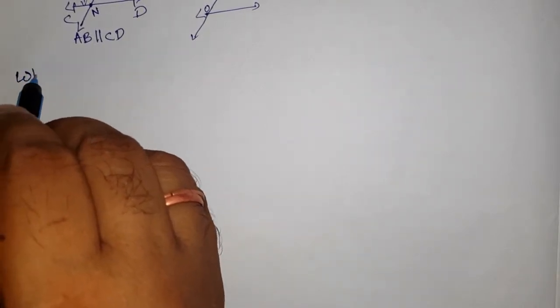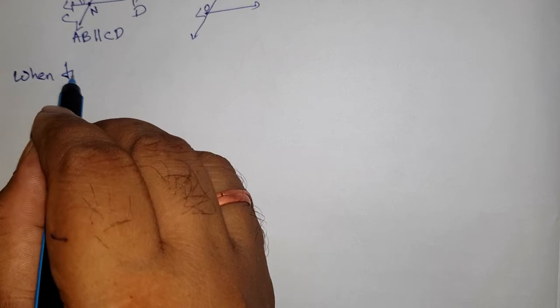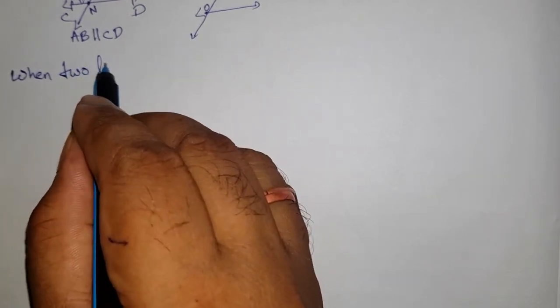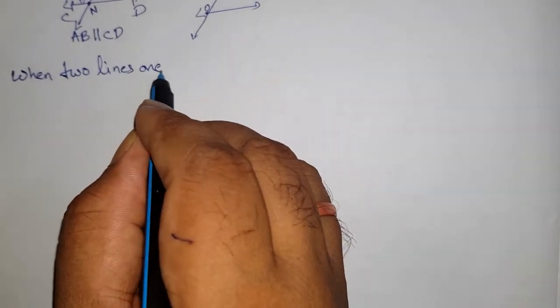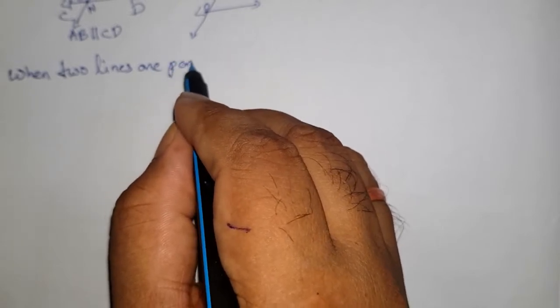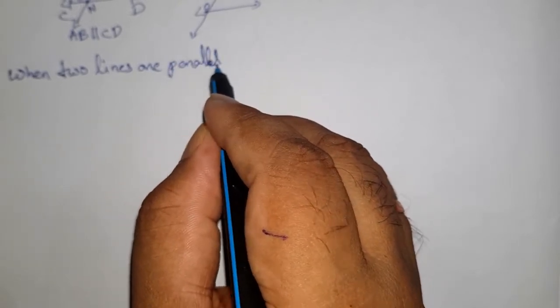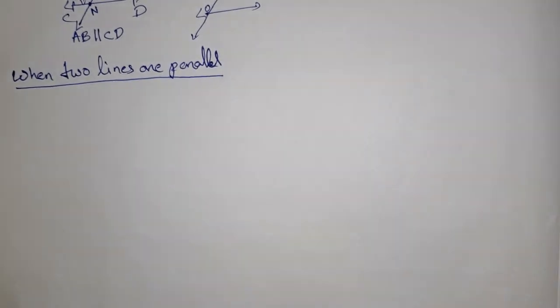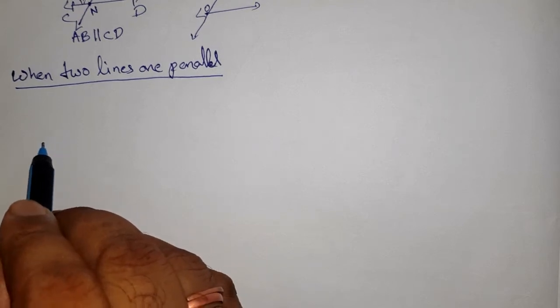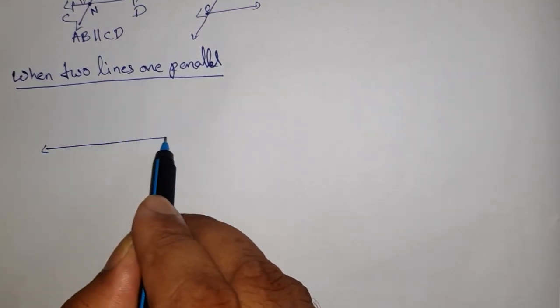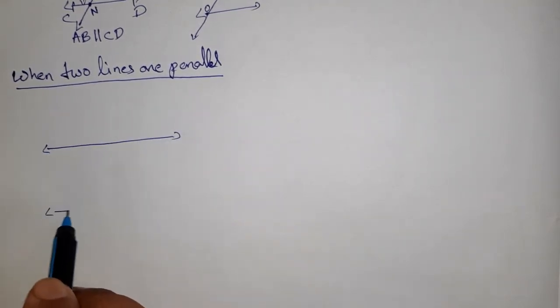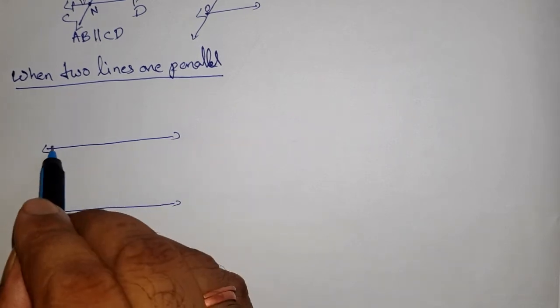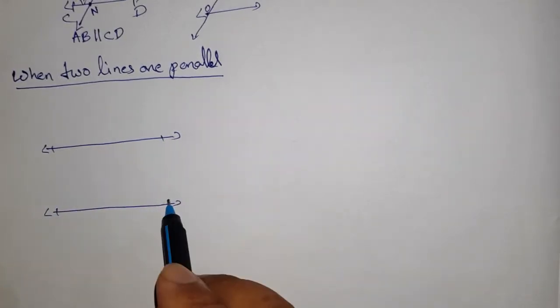When two lines are parallel, here we can draw two lines, and both the lines are parallel to each other.